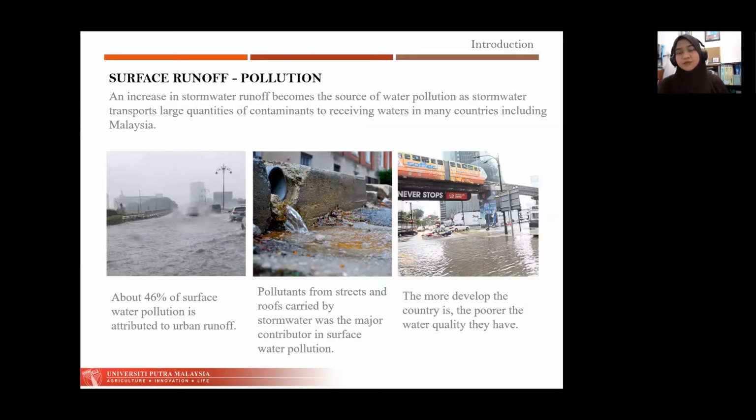The types and concentration of the pollutants differ depending on the location and also the season, which finally impacts the drainage system and the water quality. Thus, it can be concluded that the more developed the country is, the poorer the water quality it has.